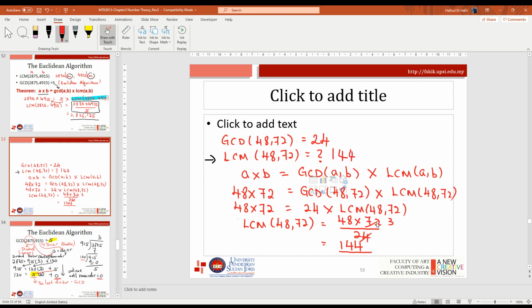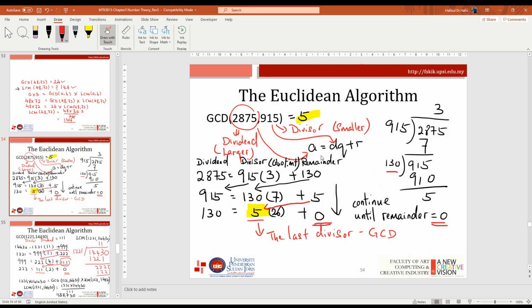This one we got 24, and here we got 144, for the minimum and maximum. And then the Euclidean algorithm: we have a larger dividend and a smaller divisor.